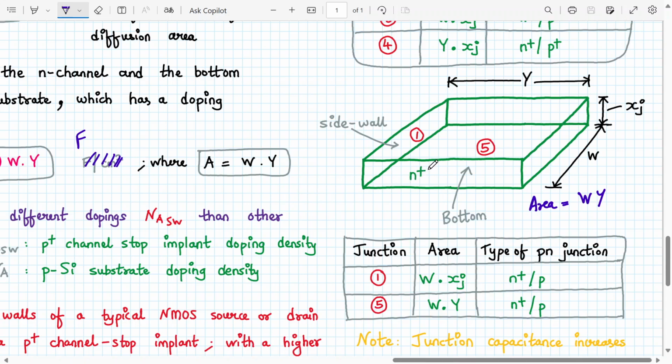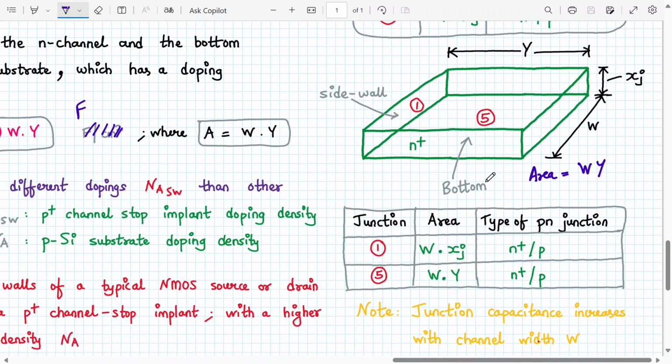So for one, it is n channel, and again your substrate will be P silicon substrate. So what is the area of one? W into xj. And what is the area for the bottom, 5? W into y. Okay, agree?